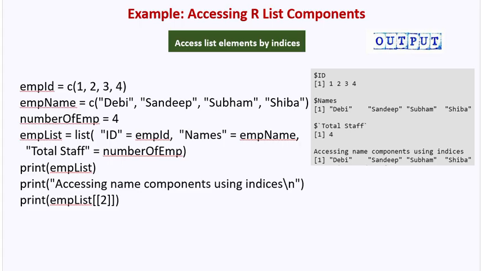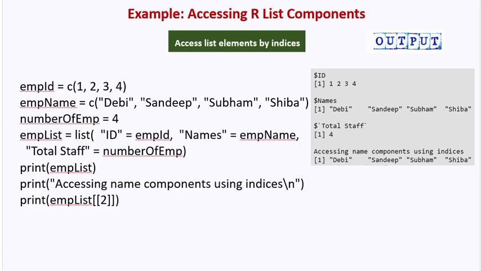This is a sample program which helps us understand accessing list elements with their index. The first lines create the employee ID details with the help of vectors, then the employee name, then the number of employees, and finally the list, with ID equal to employee ID. We are assigning headings for all of these: first is the ID, second is the name, and third is the total number of employees.